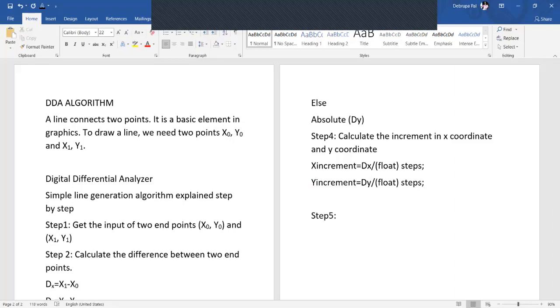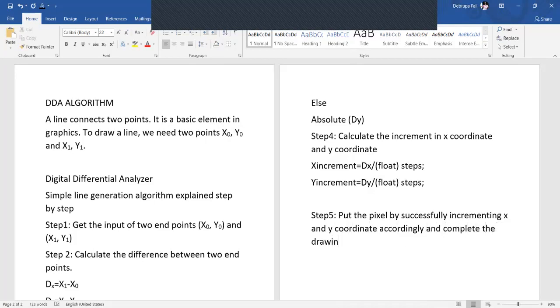If we look into it, step 5 is put the pixel by successively incrementing x and y coordinate accordingly and complete the drawing of the line.